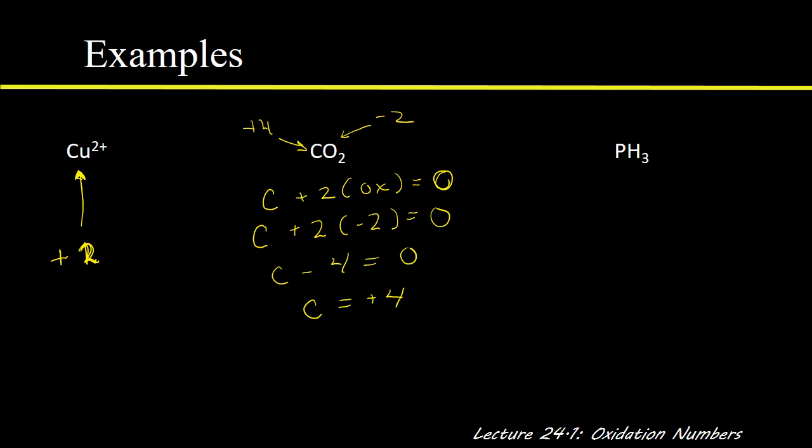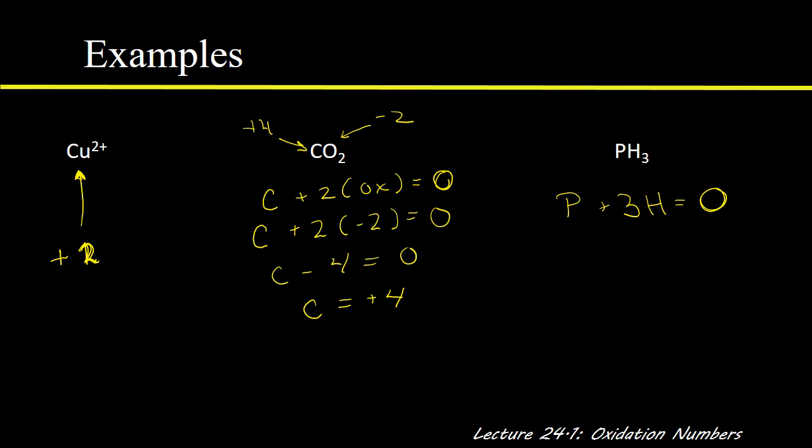All right, and then for PH3, we do the same thing. Set up our algebra. Again, neutral molecule, so the net charge, the sum of the oxidation numbers, is 0. Which one is more electronegative here?